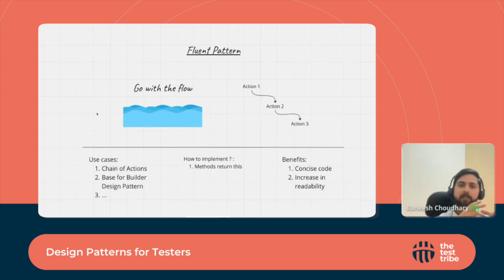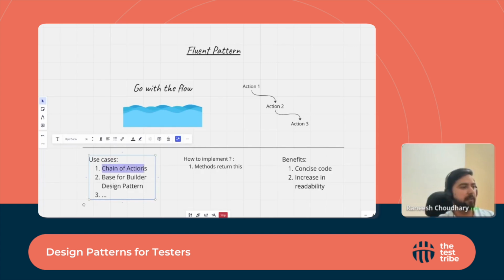So if you have some series of actions like action 1, action 2, action 3, and it makes sense to do them together, like a user will do them together, like searching for a product, setting the filters, and selecting a product. So these actions normally a user will do in a sequence, one after the other. So you can combine these and write it in this form. Okay. Yeah, so use cases whenever there is a chain of actions.